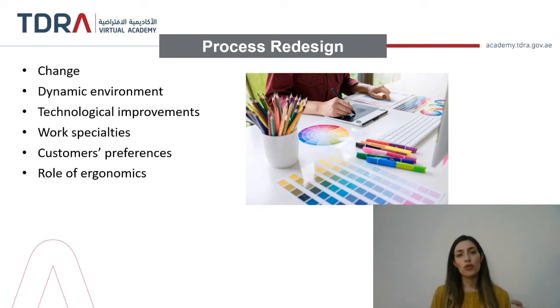So these are the role of ergonomics, the windows, the furniture in your office. So everything must have this positive energy and be redesigned in a way that suits these redesigned processes in order for you, as a person working in this place, to be comfortable and be productive and to achieve what is wanted by the end of the day.